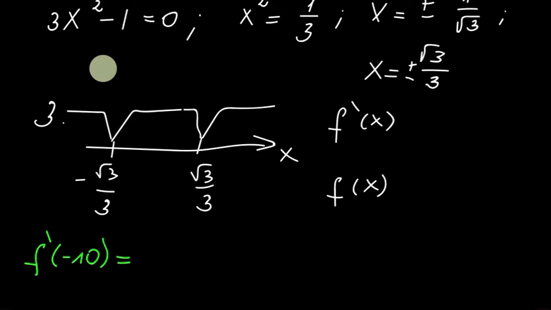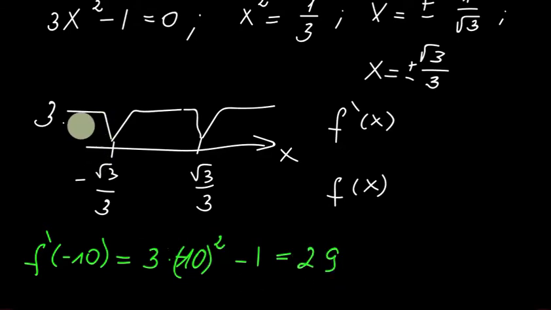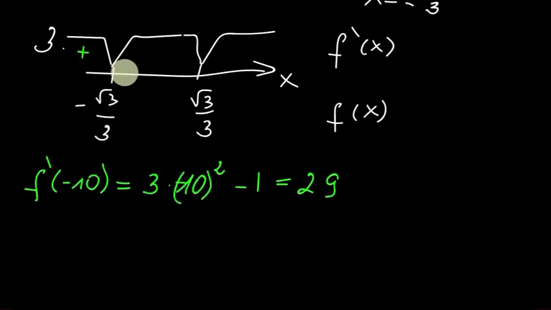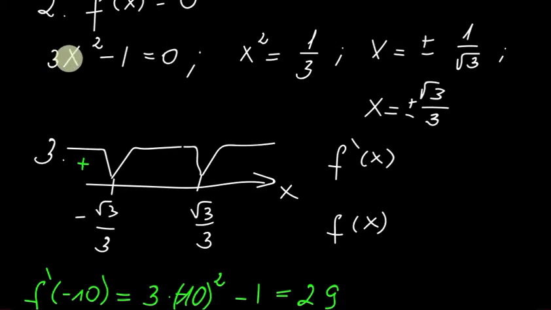It will be equal to 3 times minus 10 squared minus 1, so it will be 29, so it's positive. Now we need to do the same thing with this interval. Let's take 0, it will be easier to calculate. We get that this is equal to minus 1, because instead of x we put 0, and this whole term is 0.